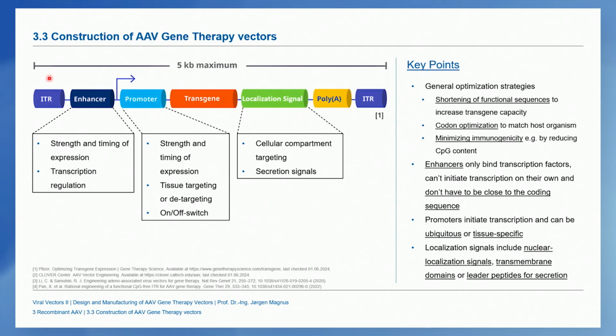I think the ITR sequences themselves are 154 bases, so the 4.7 in between them plus the ITR sequences gives you the 5 kilobases. That is the maximum of the vector genome.